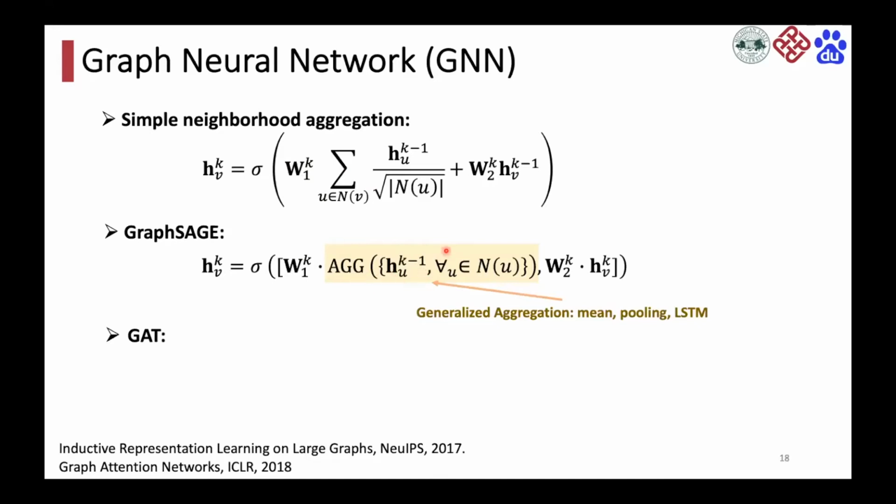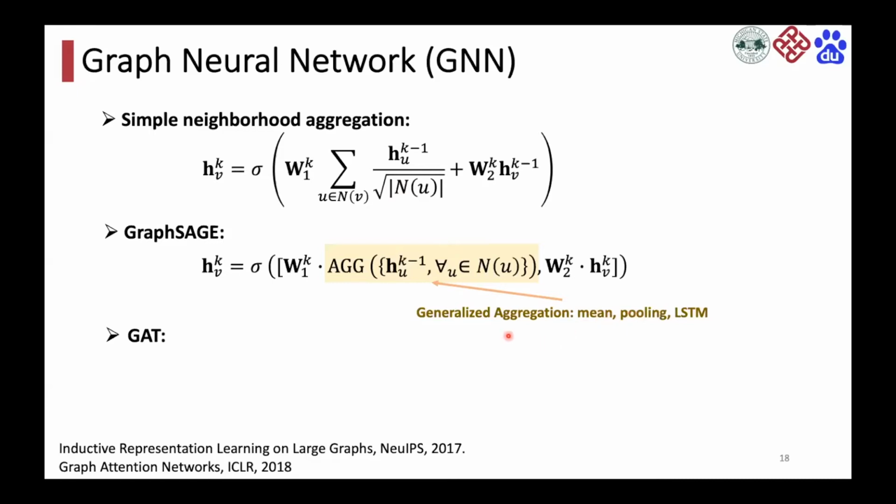What we did before was simply using the mean aggregation function. We simply take the messages from the neighbors, add them up, and normalize by the number of neighbors. This is the most straightforward aggregation function. We can also do a pooling approach. For example, we can do element-wise mean or max pooling. That would be another operation.